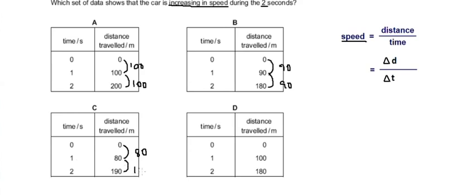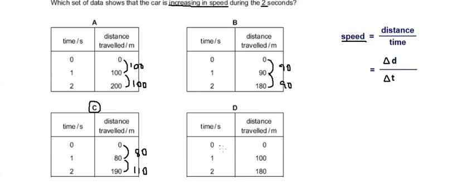It is nothing but 110. So change in the distance is basically increasing. Change in the time is constant, but change in the distance is increasing. And if it is increasing, we can say the speed is increasing. So here I can say option number C can be the correct answer.